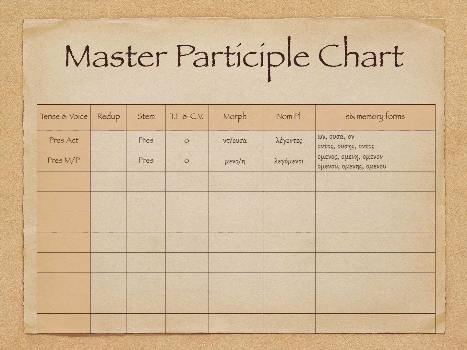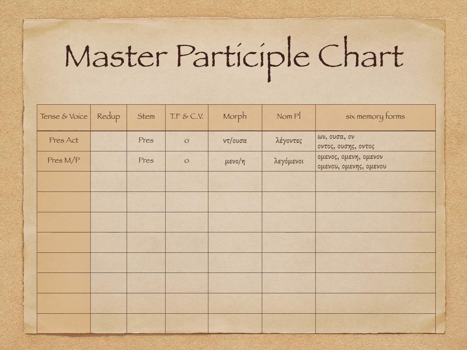If you go down to middle passive, if you see amenes, you should think genitive singular, present middle or passive, a feminine genitive singular, middle or passive participle in the present tense form, amenes.